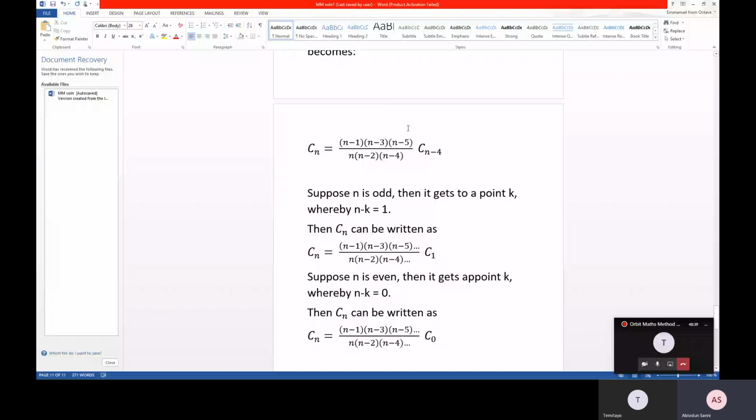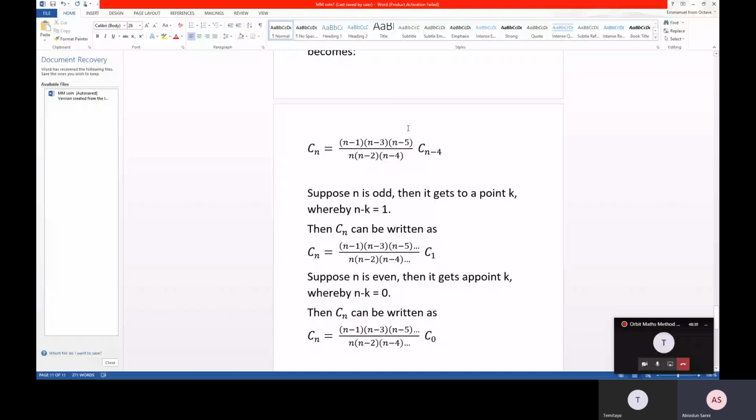So Cn is equal to this times pi over 2 when n is even.